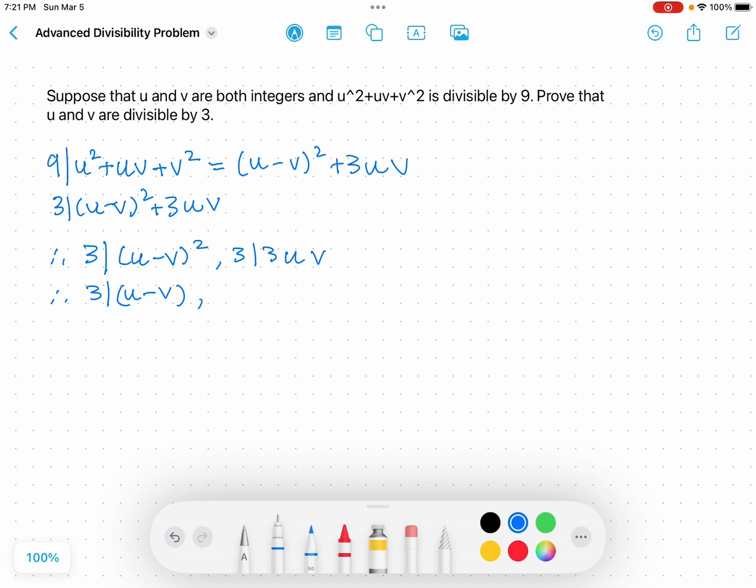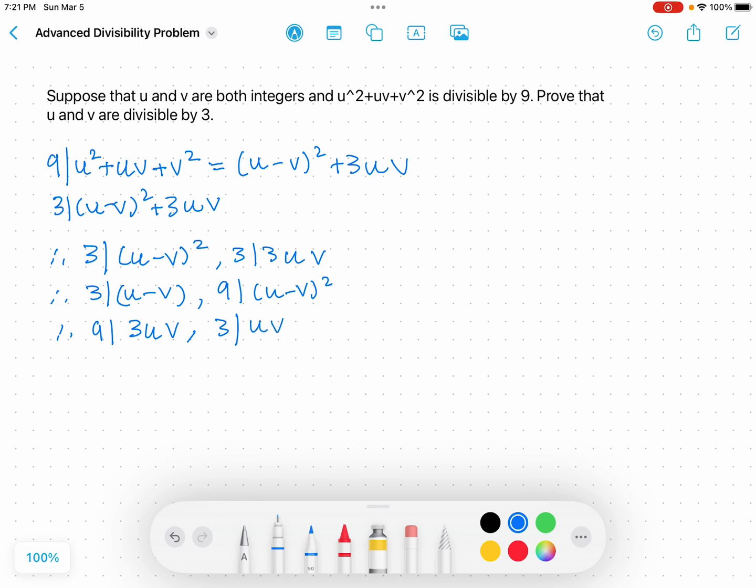And this means that 9 is going to be a factor of (u minus v) squared. Since 9 is a factor of 3uv, that means that 3 is a factor of u times v.